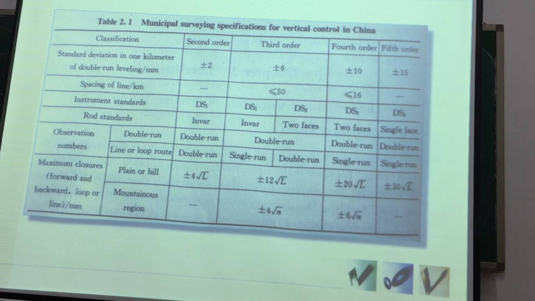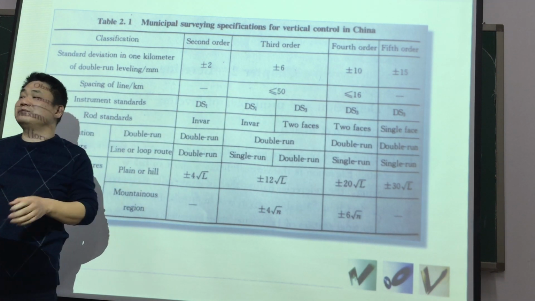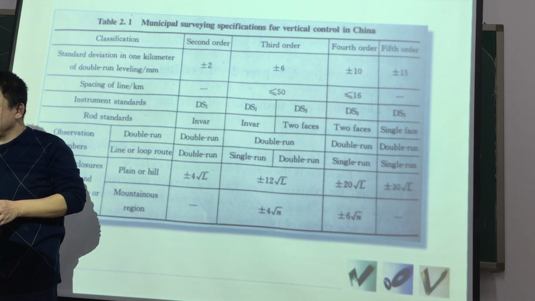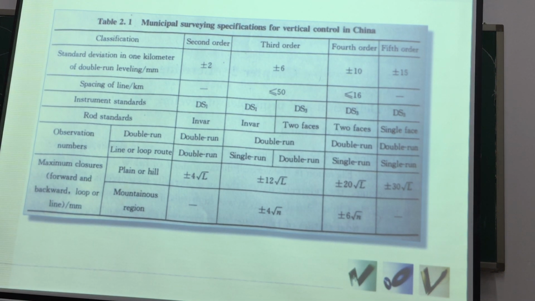And in these specifications, maybe the limits, for example these limit numbers, differ from each other. So we say even in one country, if you do leveling in a bridge project, or other people do leveling in a road project, maybe the specification should be a bit different.